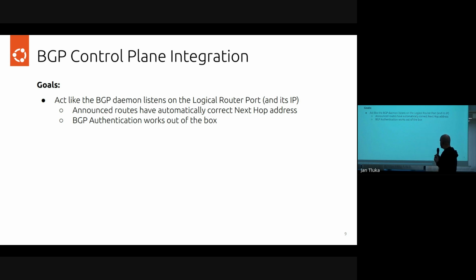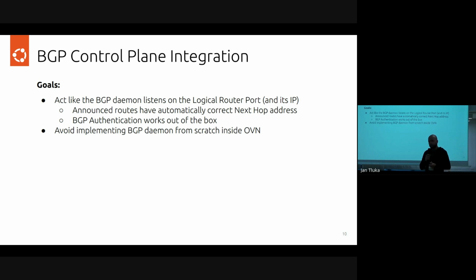Those are a few benefits that we would get from that. So as in the routes would be announced with the correct next hop automatically, and BGP authentication that Frode already mentioned would work out of the box.